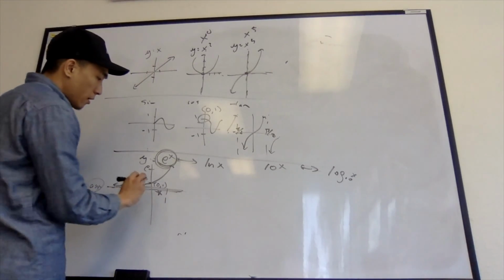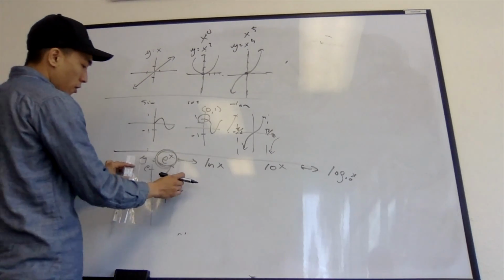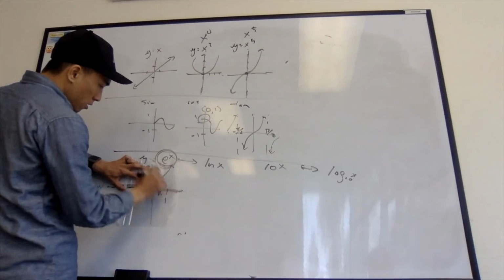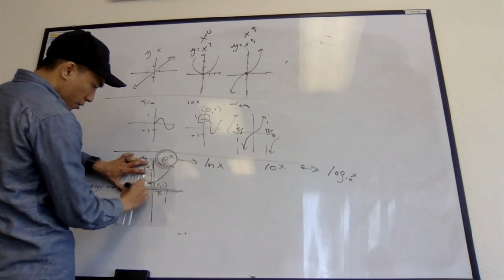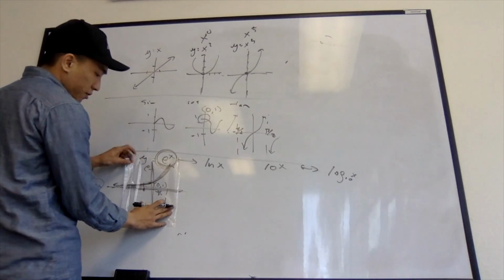Now, if I were to take this, and here's the thing: I always teach my students that if you don't understand how to flip something, you can always take a transparent piece of paper, a transparency.